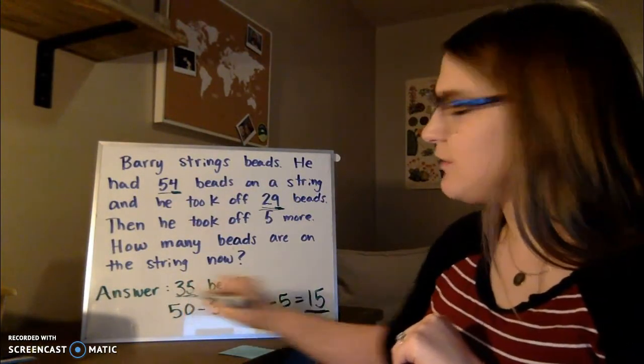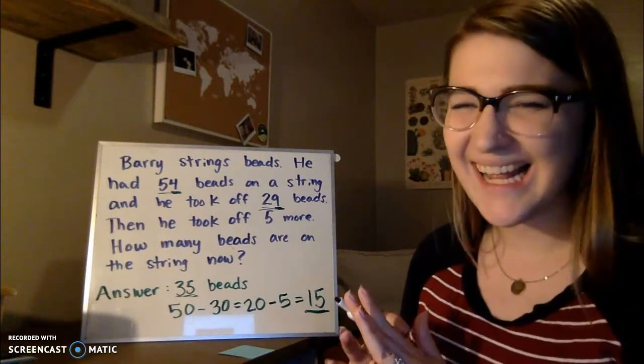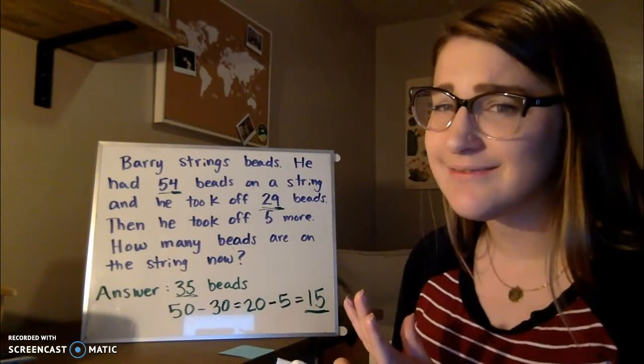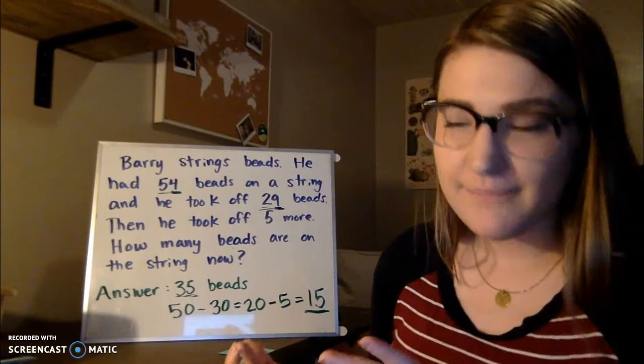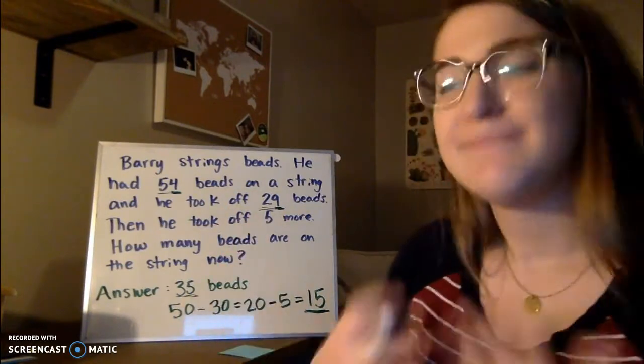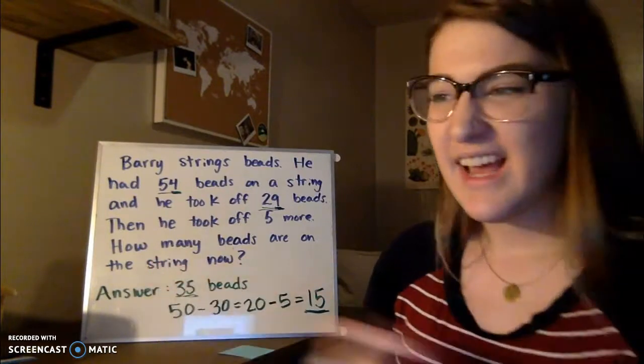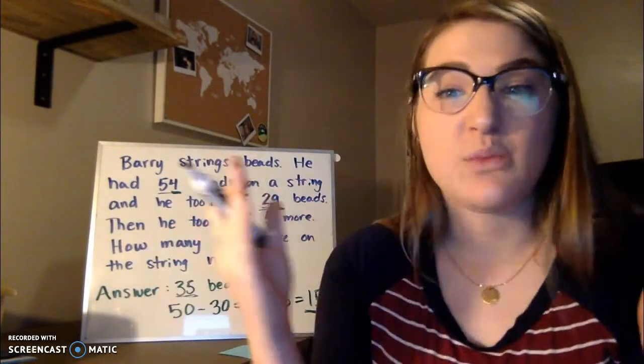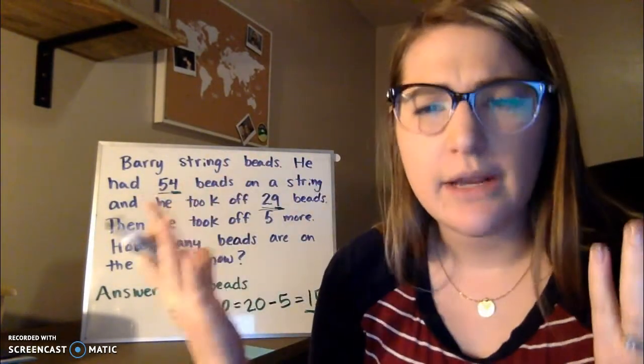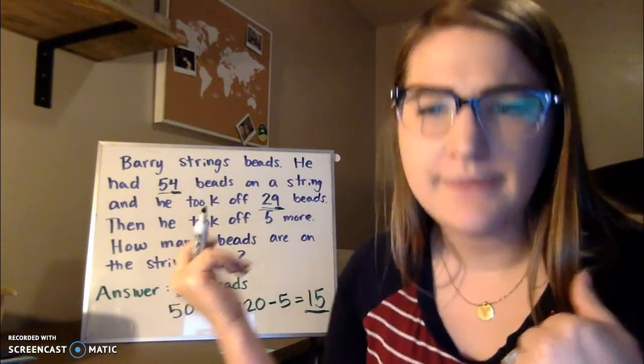But the answer given was 35. Are those really close to one another? No, they're not. If they were off by like 2 or 3 or 4 or 5 even, I would even say if it's within 10, then it's pretty reasonable if we're rounding.